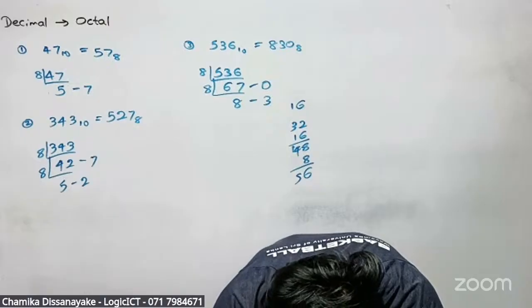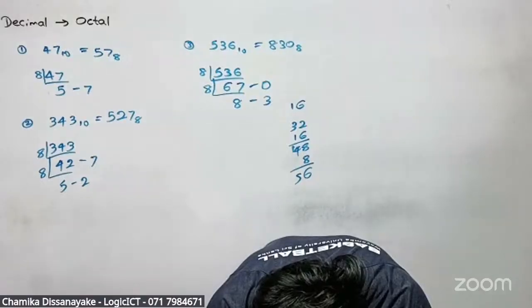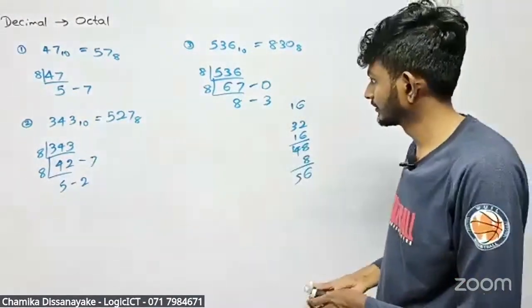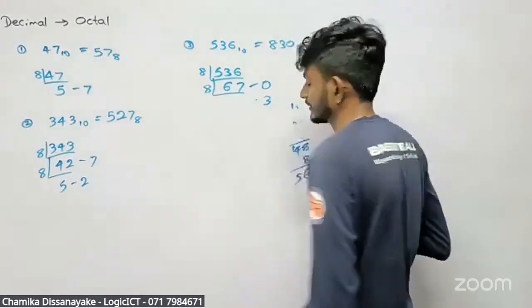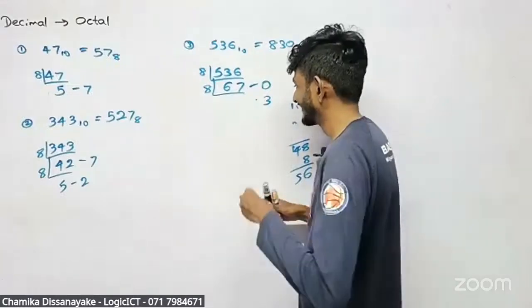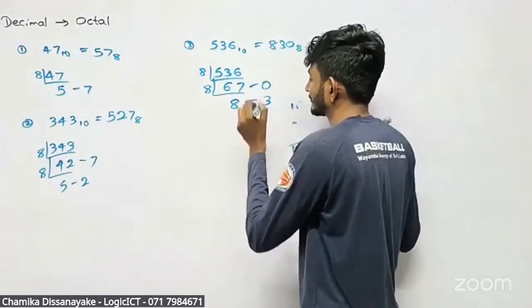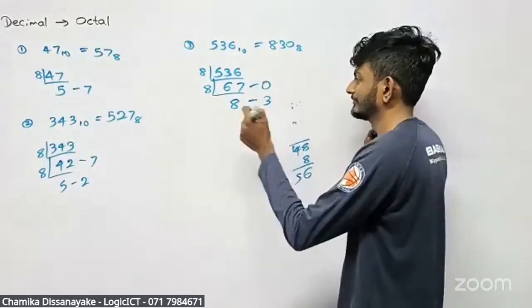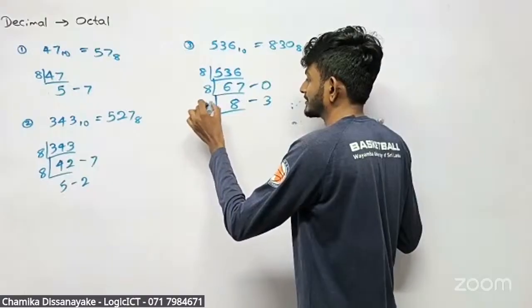536. No, you're correct. What happened? Yes, here we have to divide again. 8 is not a binary number. So that means we have to divide this again by 8.